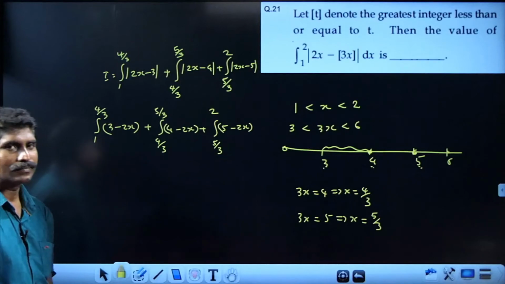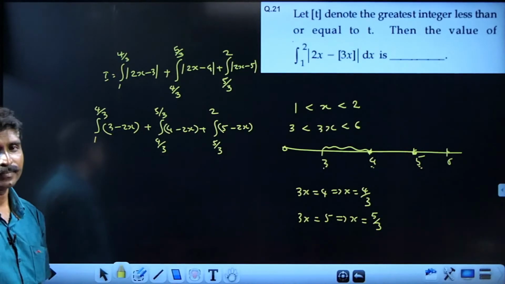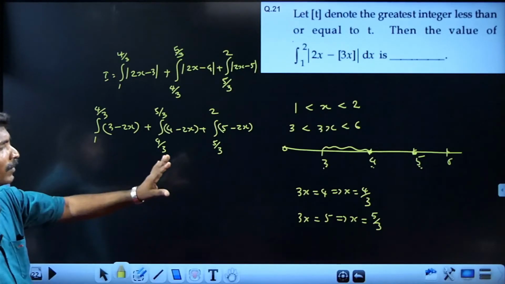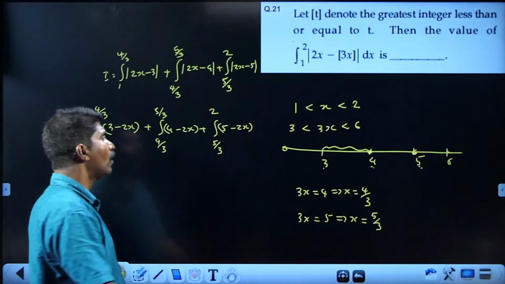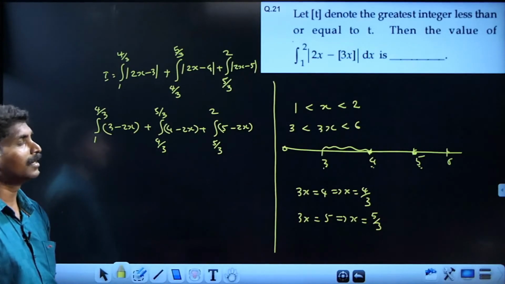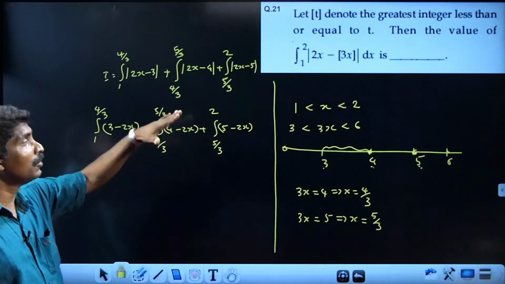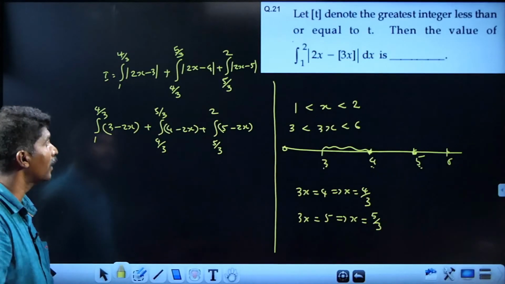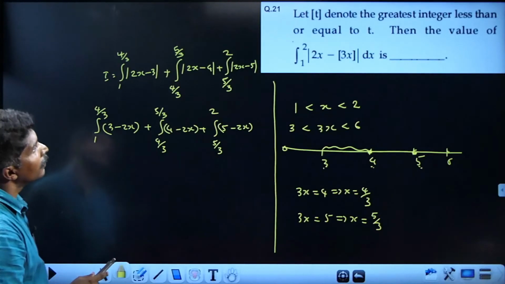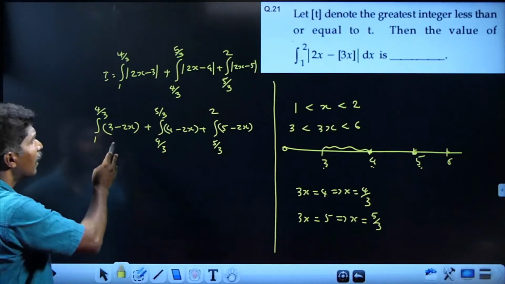Now, what do you have to do? You have to integrate all these values and simplify. There are different methods also, but we have seen that all these methods are a little bit lengthy. The concept is not difficult, but the numerical calculation is lengthy. It is not a fair question to ask in this kind of entrance exam, because up to this point it is okay.